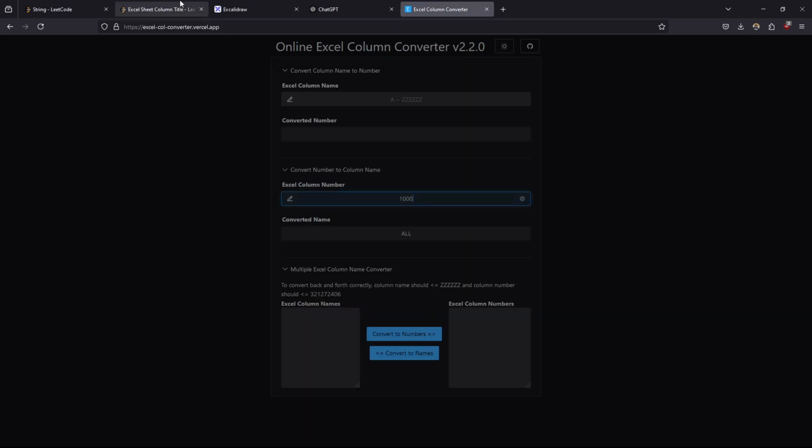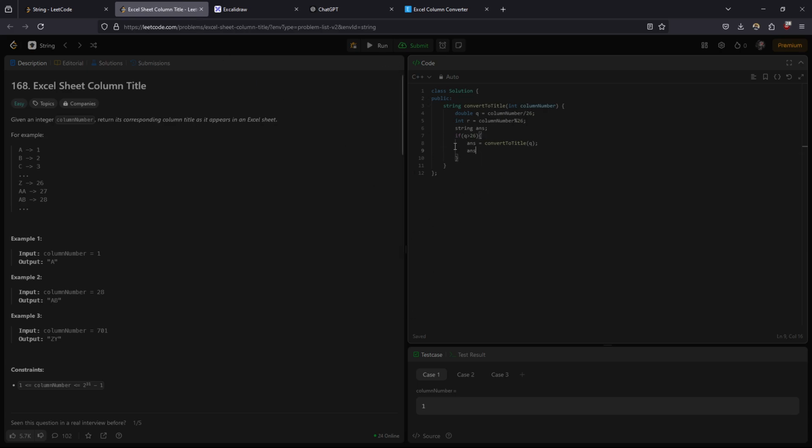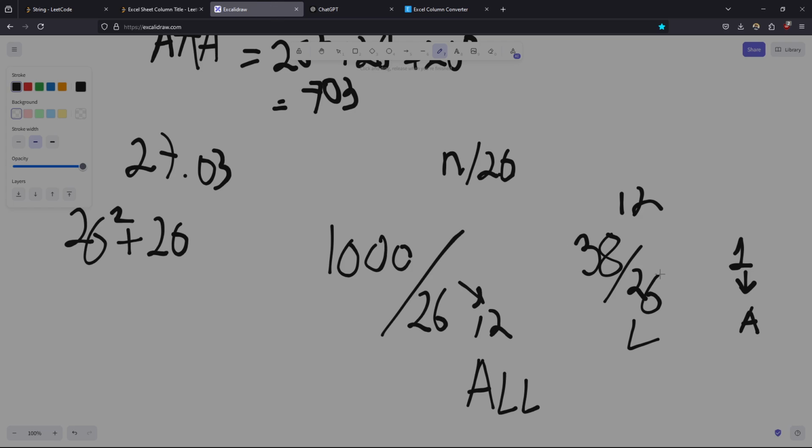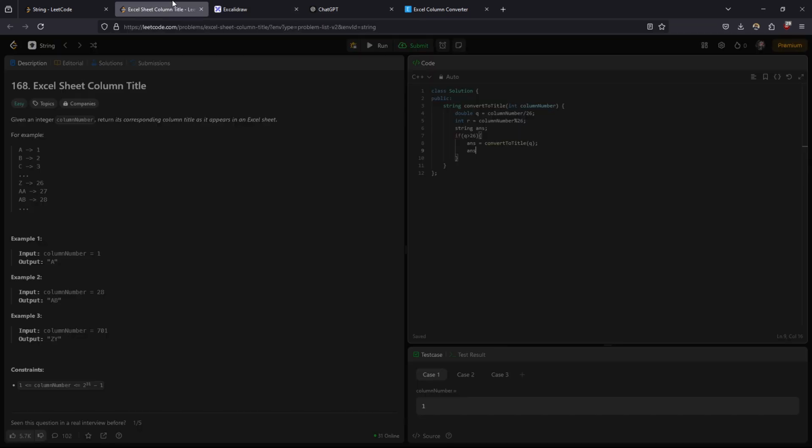So this process will continue until, okay. So in the else condition, if it is greater than 26, instead of using this, we can use if it is greater than 26.